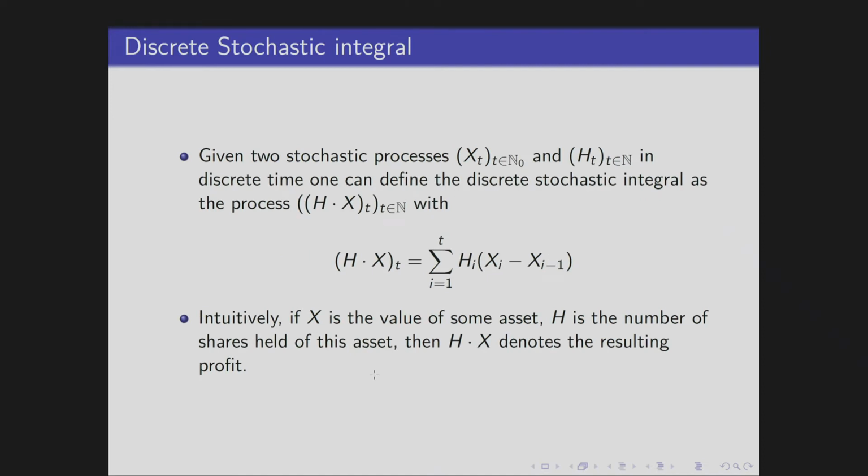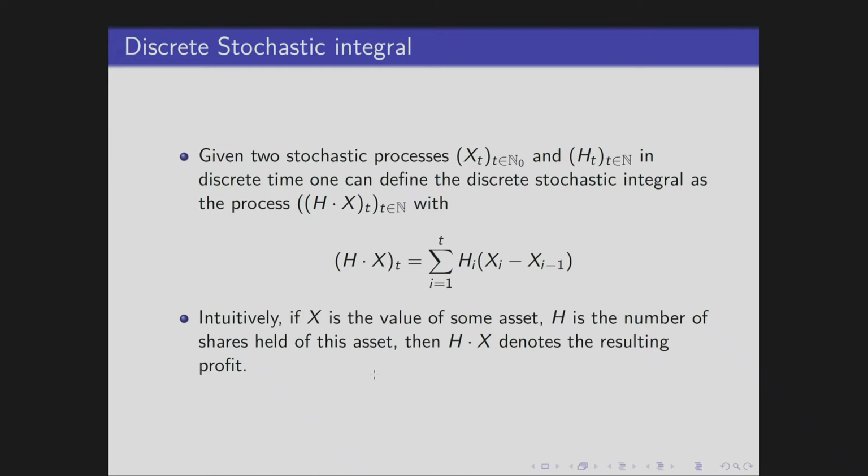Yeah, this is a simple example. Now we can also define this discrete stochastic integral for discrete stochastic processes, and the most common example for a discrete stochastic process is the random walk that we saw earlier. So basically we have two stochastic processes. We have xt, which is our random walk, and if we already include it in the context of mathematical finance, xt will denote the value of a stock that we want to trade on or something we want to bet on, like in the casino.